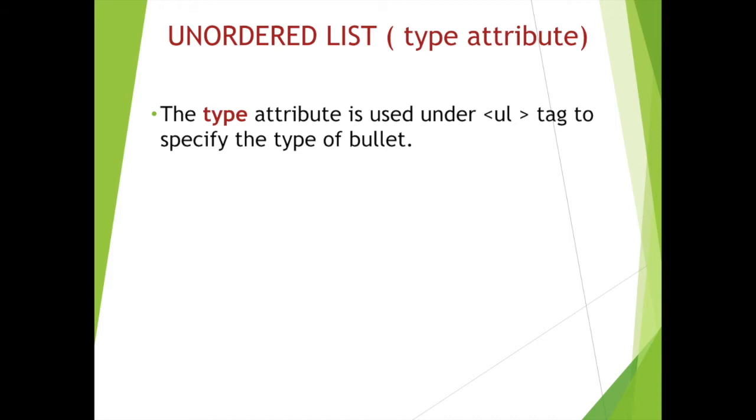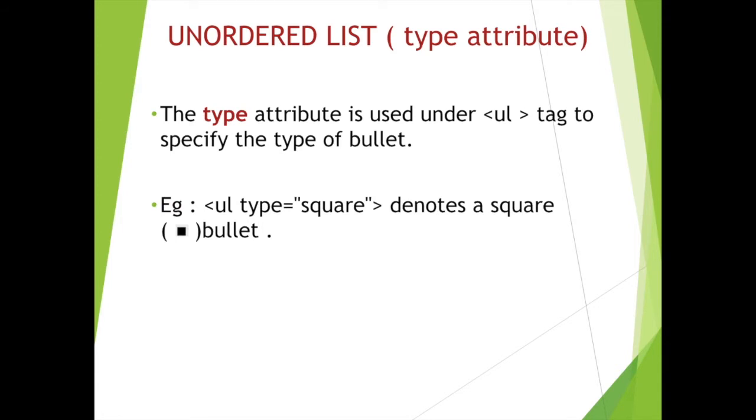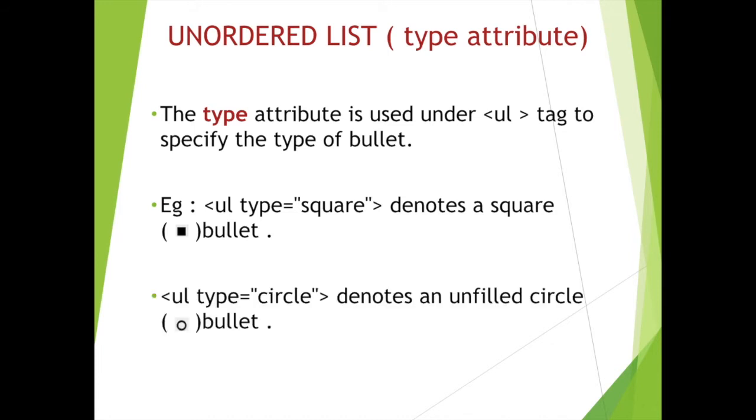Attribute is an additional thing which is required with the main tag. So if we use the type attribute along with the UL tag, then we can change the type of the bullet. For example, if I write UL type equal to square, then the entire list will come in a square bullet. Also, if I write UL type equals to circle, then it will denote an unfilled circle.